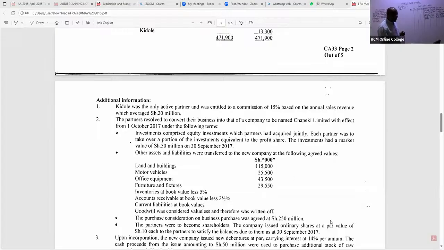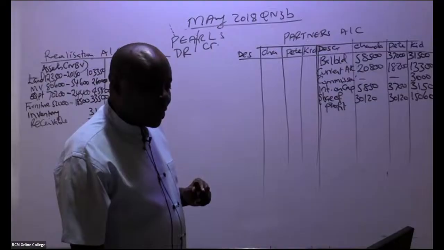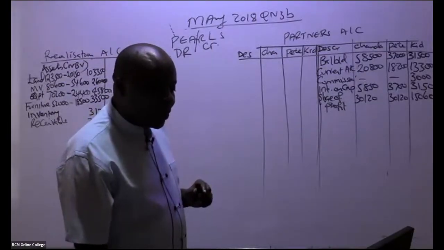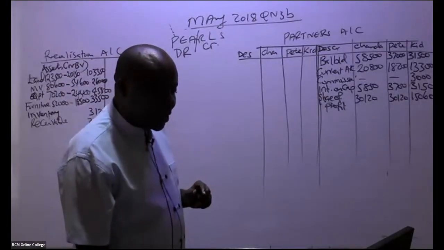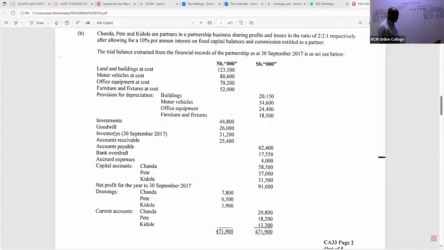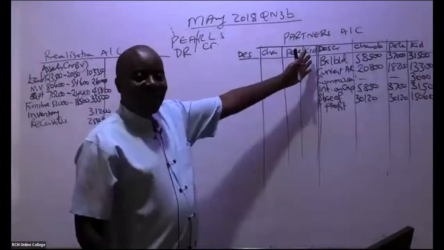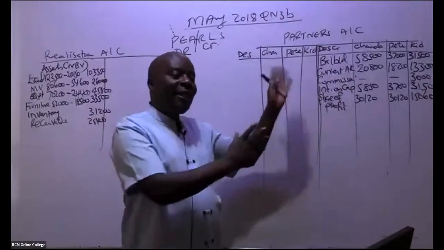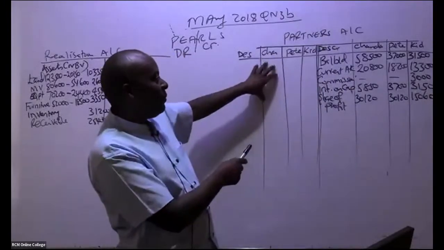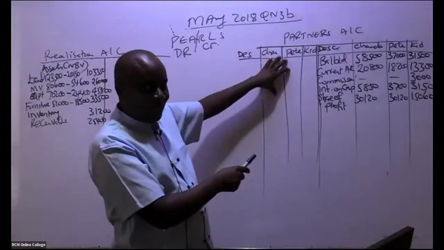So it means that the investments you are seeing here, ladies and gentlemen, were not taken over by the new company. These investments were taken over by these 3 ninjas. So assets taken over by the 3 ninjas, we shall give them their assets. We shall debit it when we reach that point.